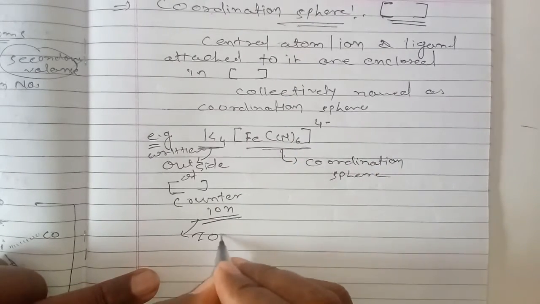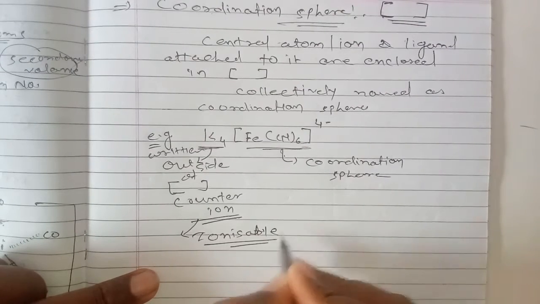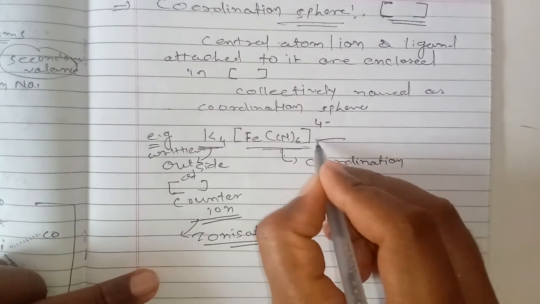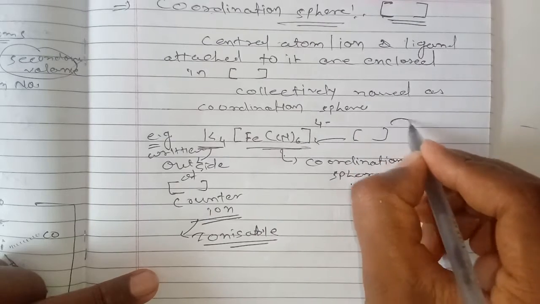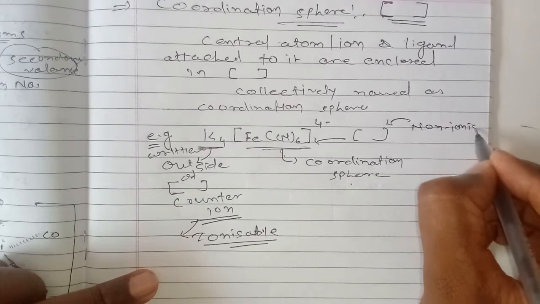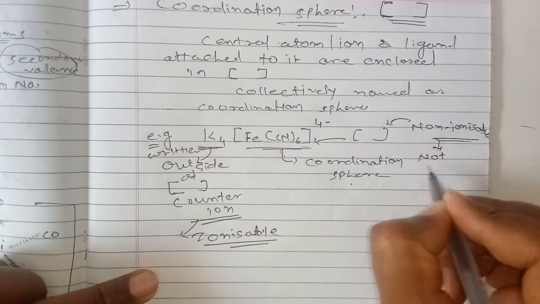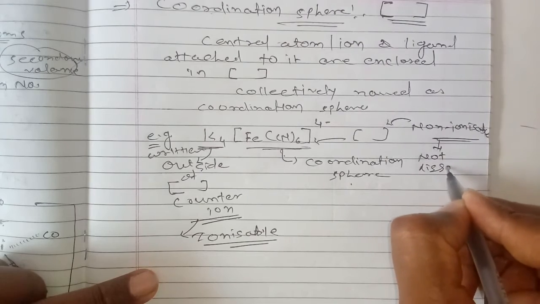The counter ion is ionizable, while the coordination species written in the square bracket is non-ionizable, or not dissociated.